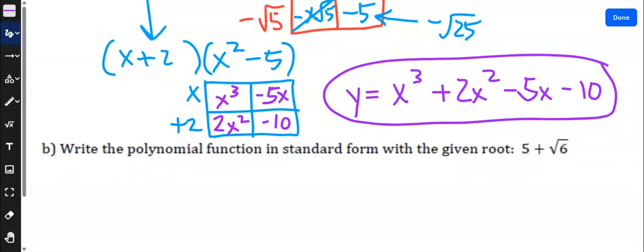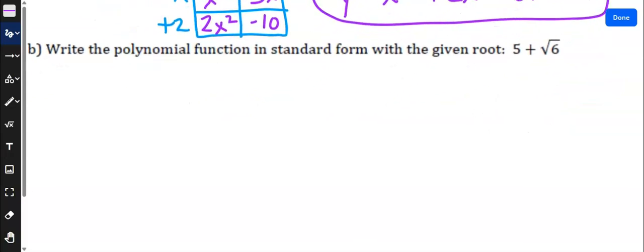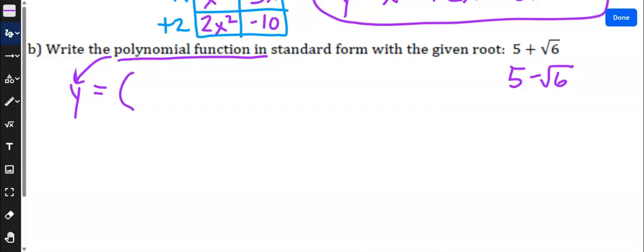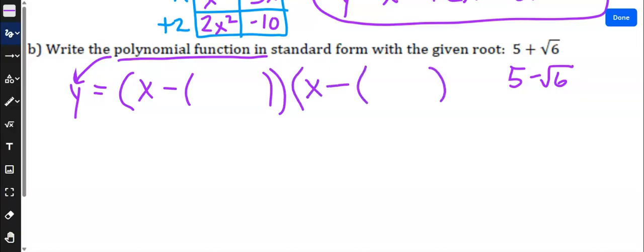Okay, part B, write the polynomial function in standard form with the given root. Okay, so you are expected to know that 5 minus radical 6 has to be involved as well. So definitely polynomial function, right? We know that means y equals. Every factor is written x minus, but these look a little uglier.